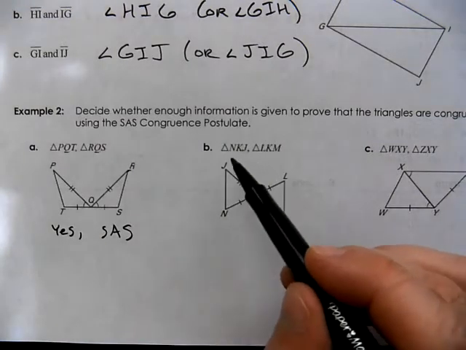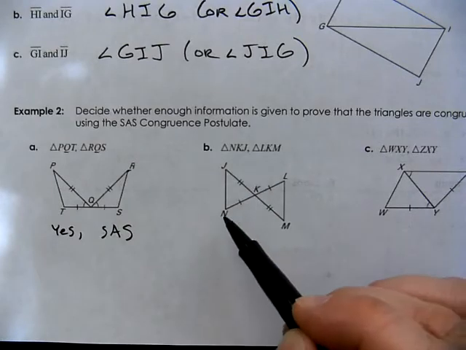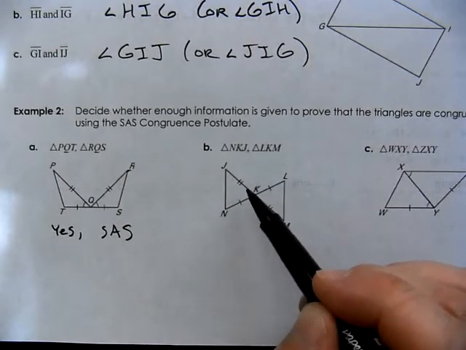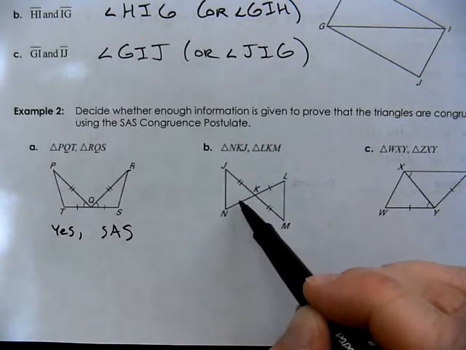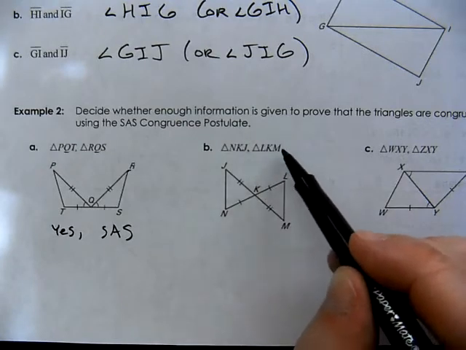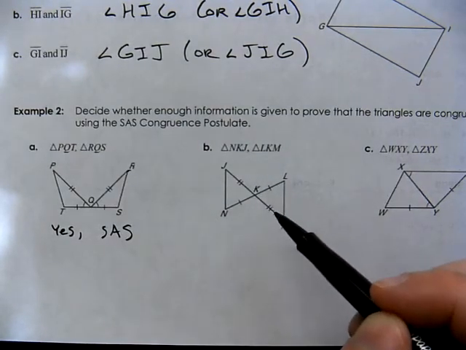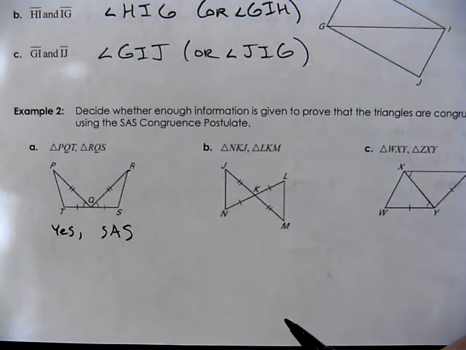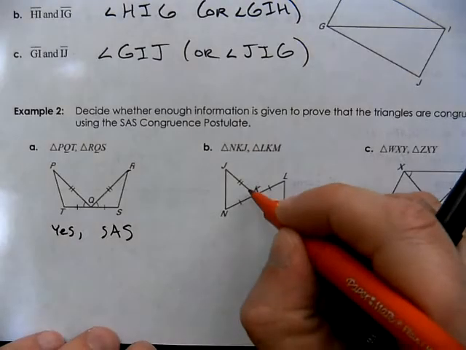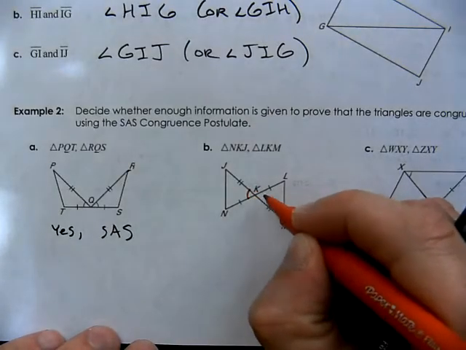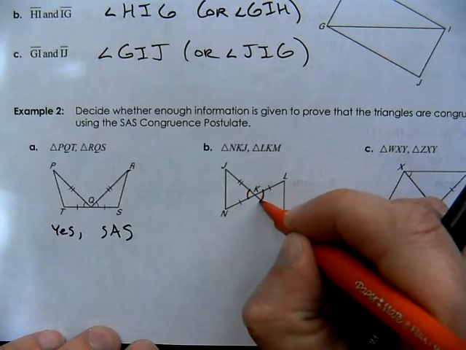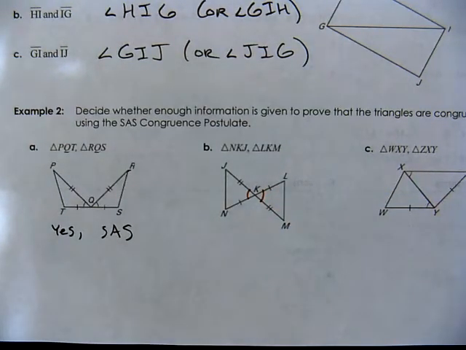Let's take a look at part B. Here we have triangle NKJ. So there's N, there's K, there's J. I see two sides that are marked. Here's triangle LKM. Again, there are two sides that are marked. But I don't see any angles that are marked. Do you? No. But remember, we are allowed to add markings if we have vertical angles, because we've learned that vertical angles are always congruent.